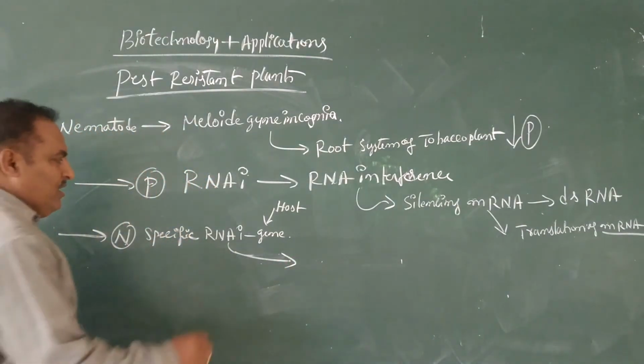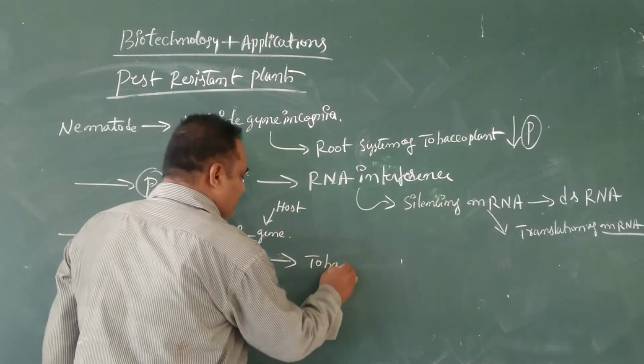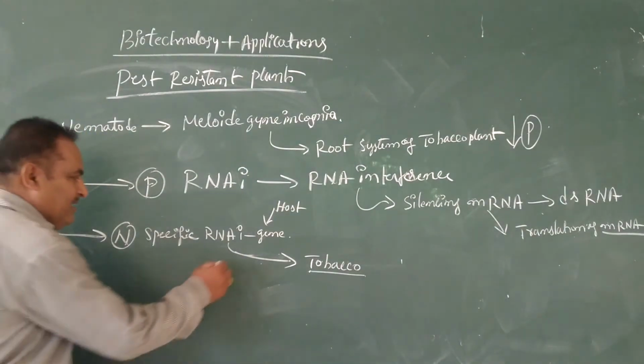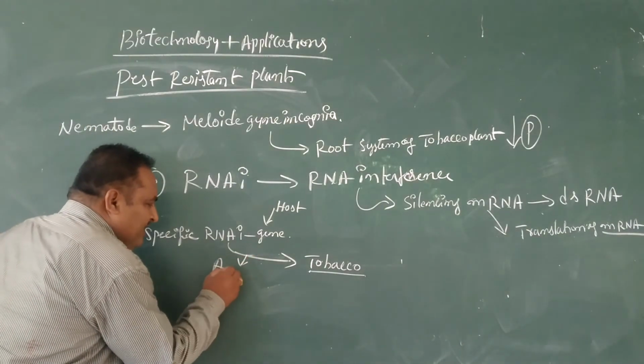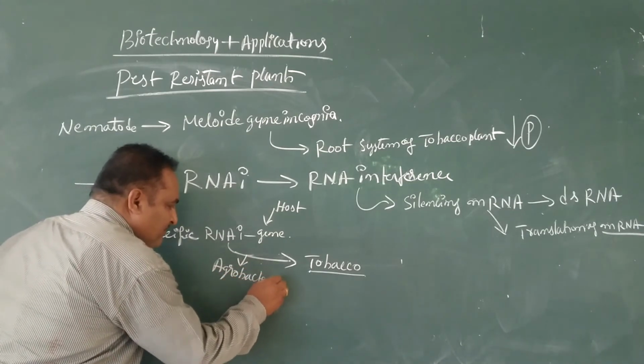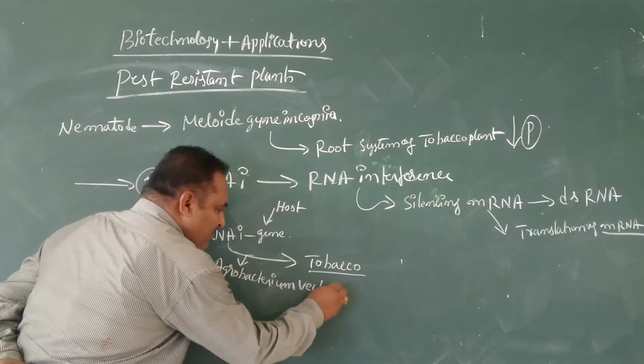incorporated into plants like the tobacco plant by using an Agrobacterium vector. Agrobacterium acts as a vector.